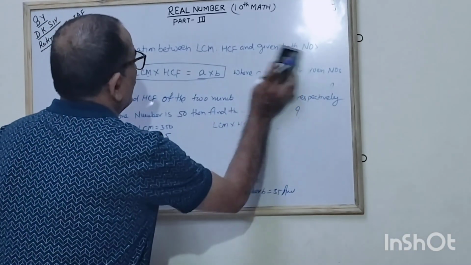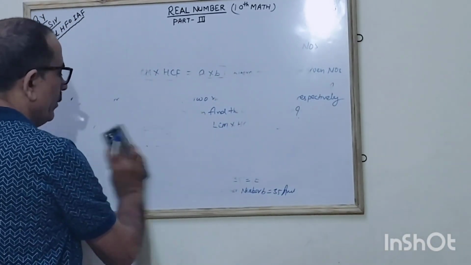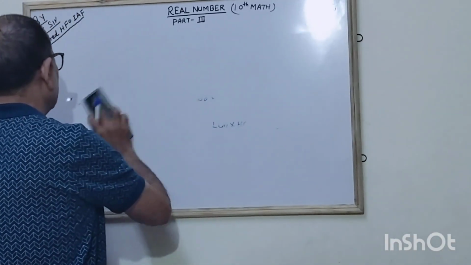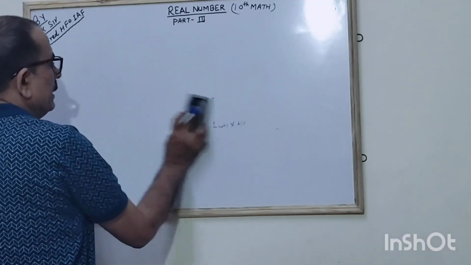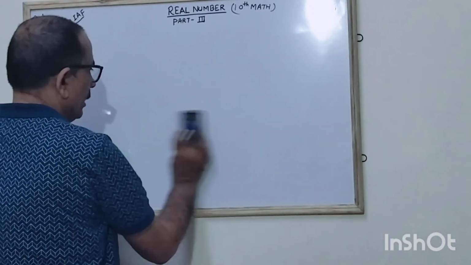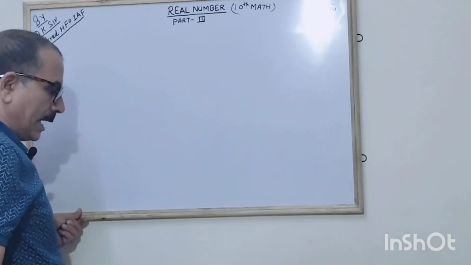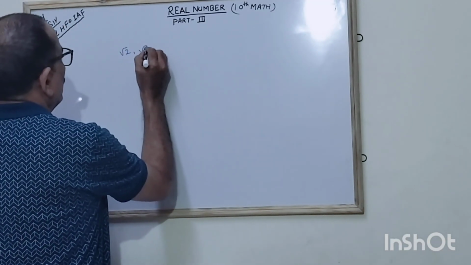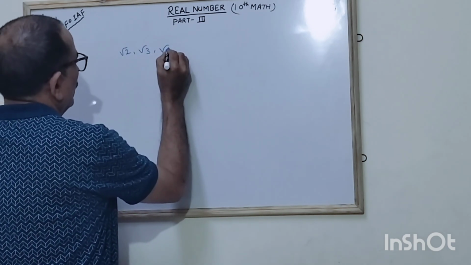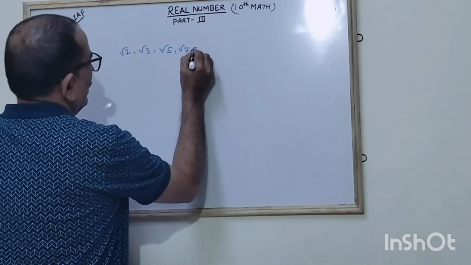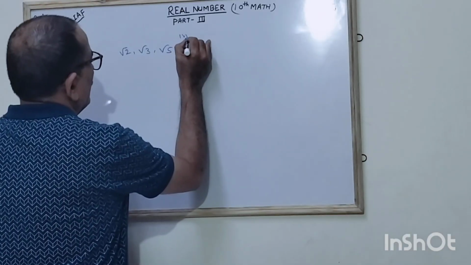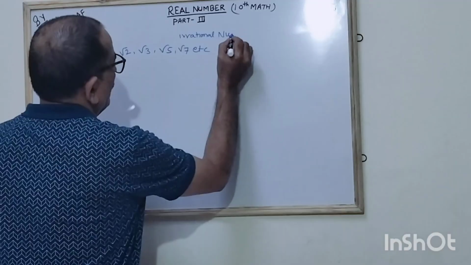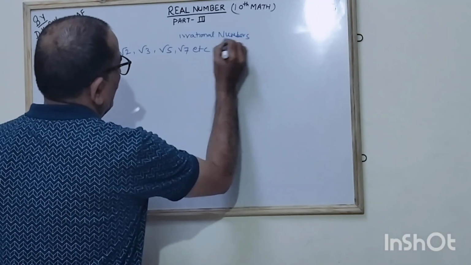Next we will see irrational numbers. What is an irrational number? We are aware that irrational numbers are numbers which are non-terminating and non-repeating. The examples are root 2, root 3, root 5, root 7, etc. These all are irrational numbers.